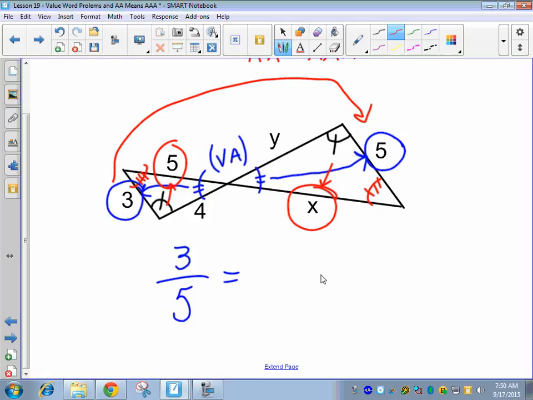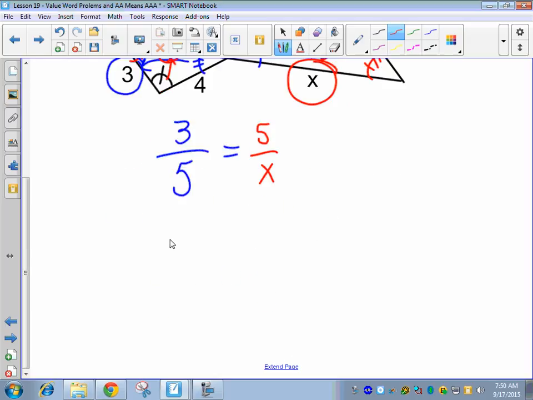X over 5 or 5 over x? 5 over x. Because I went the small triangle to the big triangle, I have to go the same way. All right, so now cross multiply: 3x equals 25. Divide by 3, so we get 25 thirds.